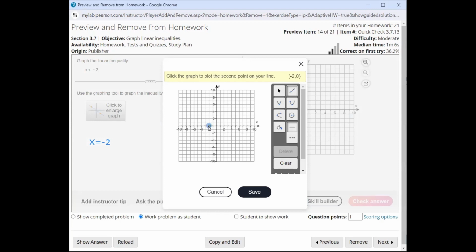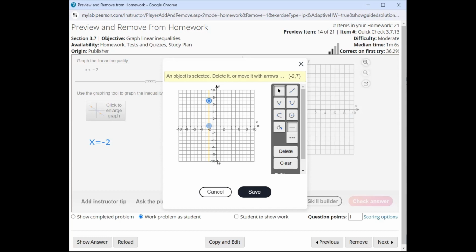So we select any point along this line. This is the line for x is equal to negative 2 because all the points on this line have an x coordinate of negative 2.